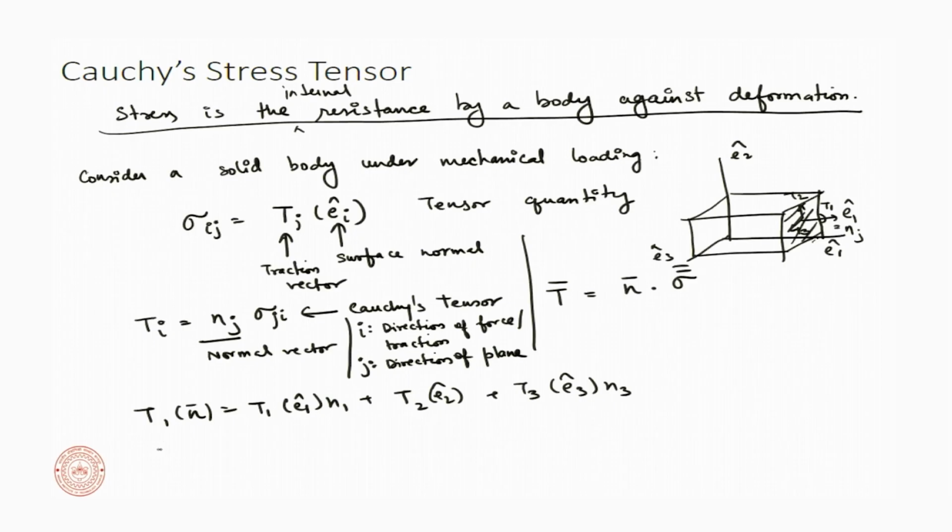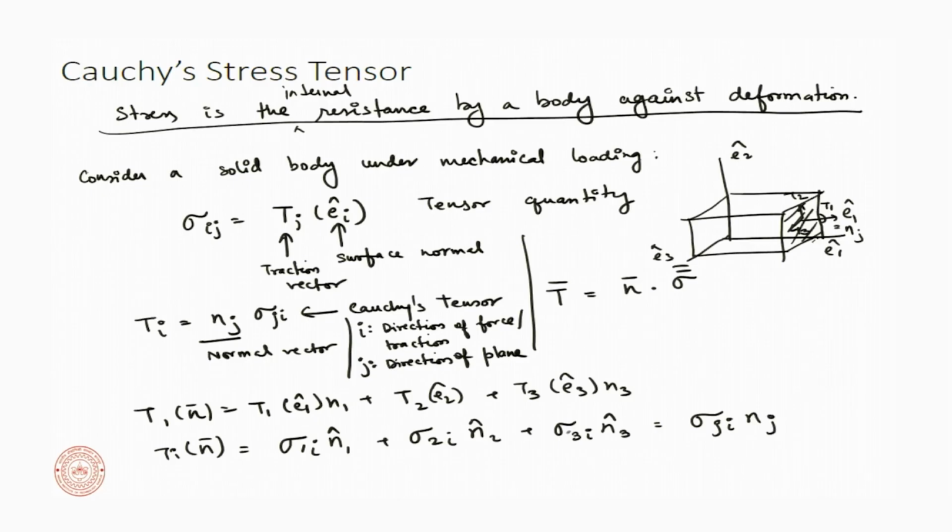So let us write in terms of a matrix: T of i, n vector, is equal to sigma 1i n1 plus sigma 2i n2 plus sigma 3i n3, okay, along these directions, which is equal to sigma ji n j.